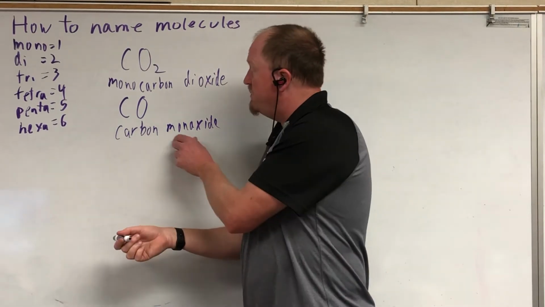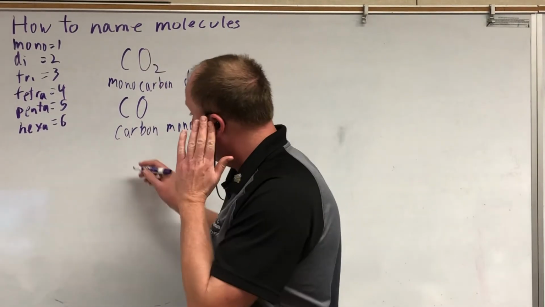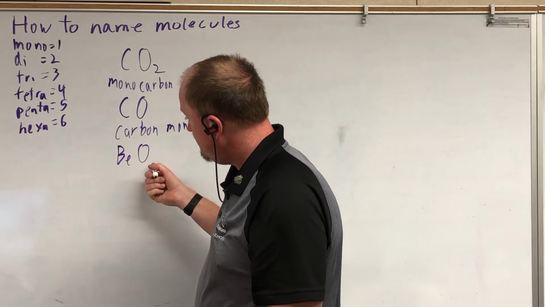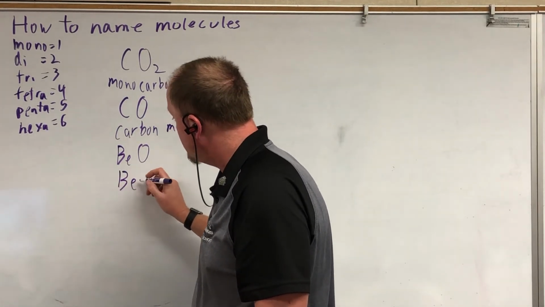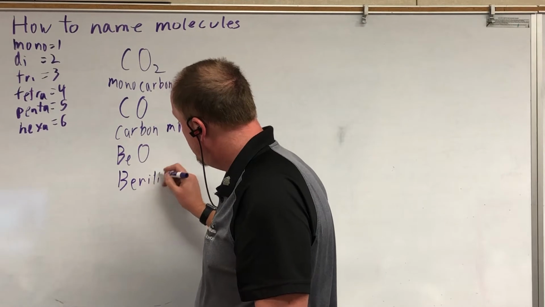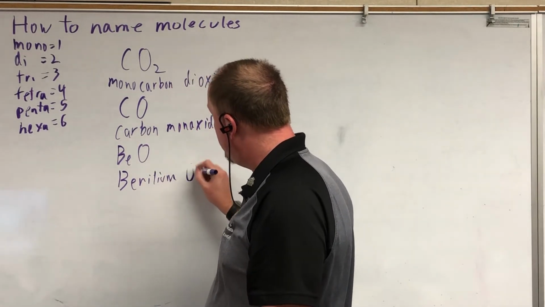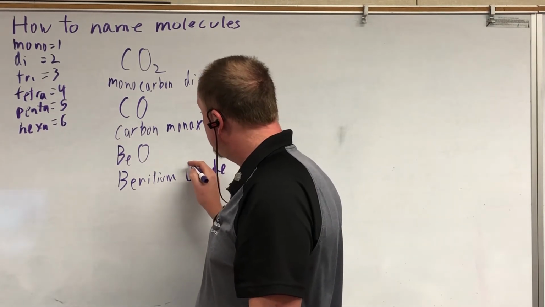Now, for example, if I said something like beryllium monoxide, most of the time, they wouldn't even say monoxide. They would just say beryllium oxide. If they don't say otherwise, you usually just assume it's mono.